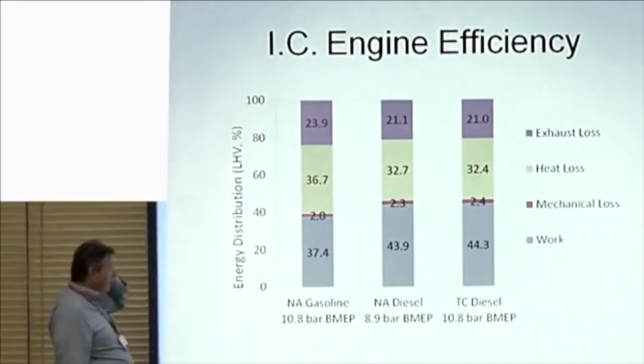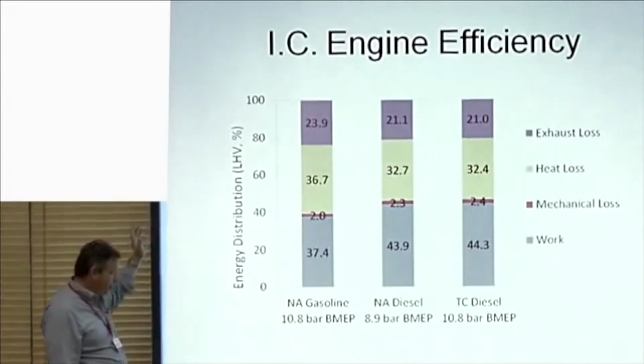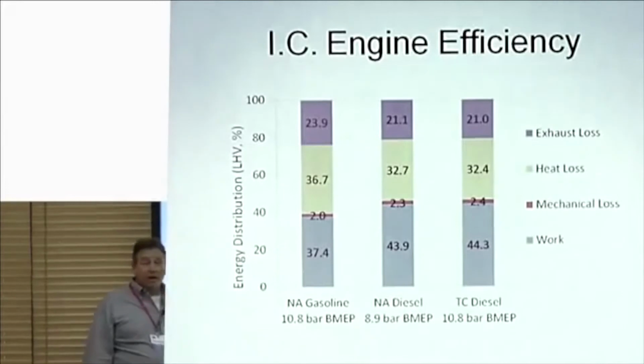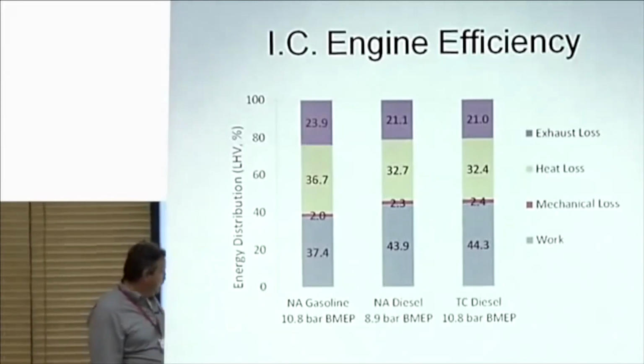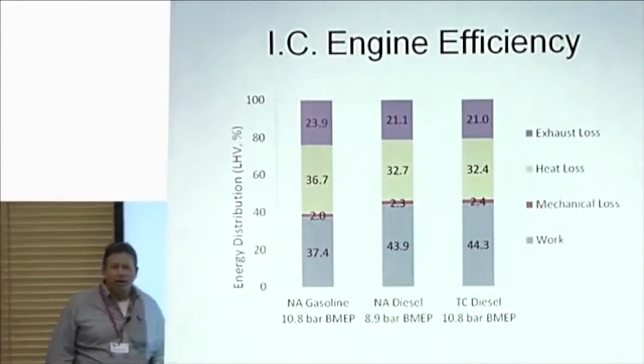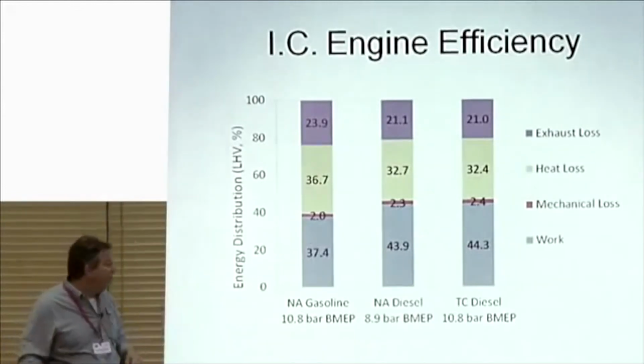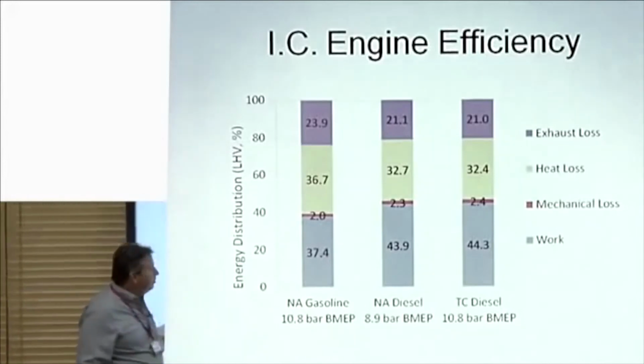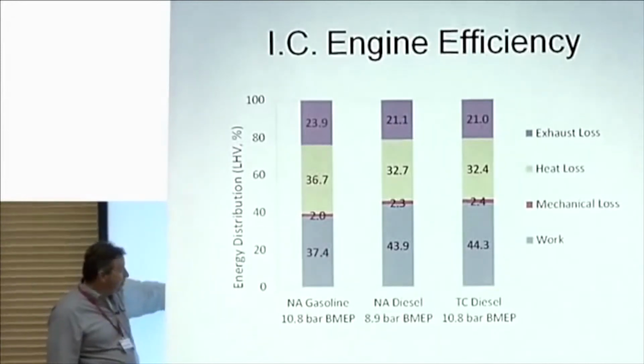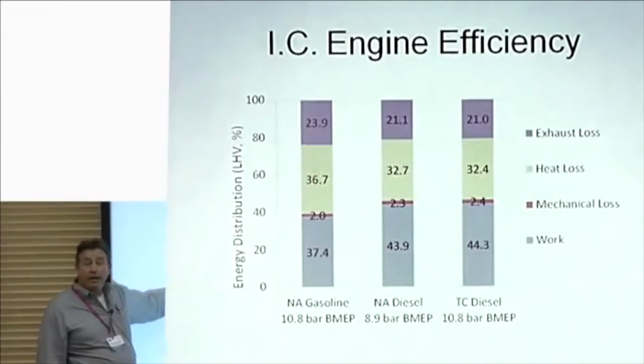But if you look at what we have today, this is an energy distribution for a modern canonical gasoline engine. It produces about 10.8 bar of BMEP units of work. We'll produce 10 or 11, typical. If you look at the split of the energy, 37.4% goes into work. This would be like the engine in the Prius.